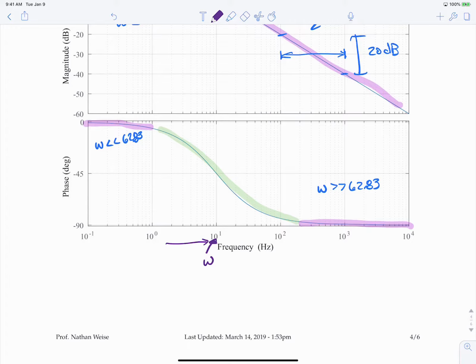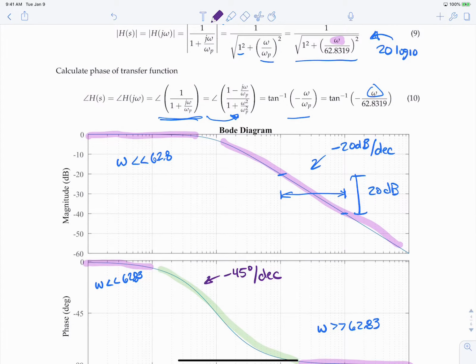About 1 decade below, so say 1 hertz, and 1 decade above, at 100 hertz, you get this minus 45 degree per decade drop off, only for 1 pole, starting 1 decade below the pole and ending 1 decade above the pole. And that's commonly referred to as the straight line approximation. Of course, if you don't follow this, you can simply sweep this tan inverse here and you will get your proper angle for any arbitrary frequency.